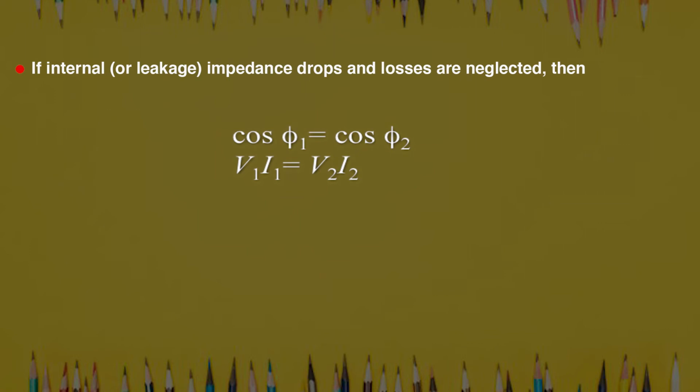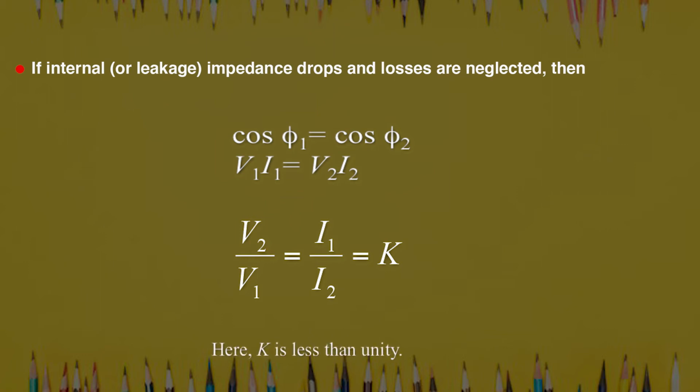It is equal to cos phi 2, right? So you can write the expression V1 I1 is equal to V2 into I2, and after rearranging you can again write V2 upon V1 is equal to I1 upon I2 is equal to K, where K is what? K is the transformation ratio. Here K is less than unity.